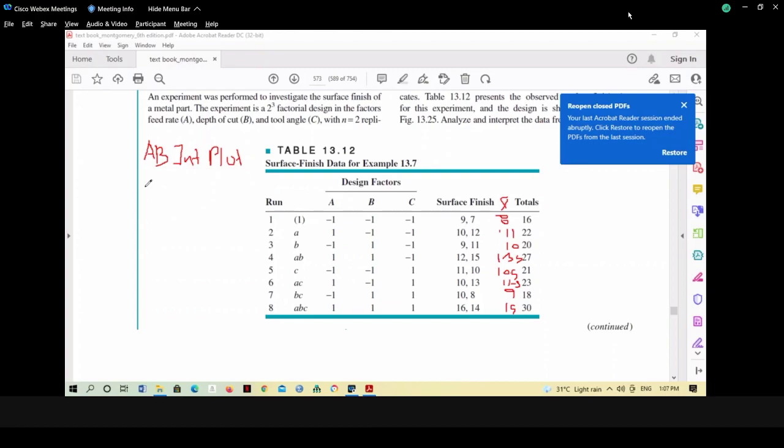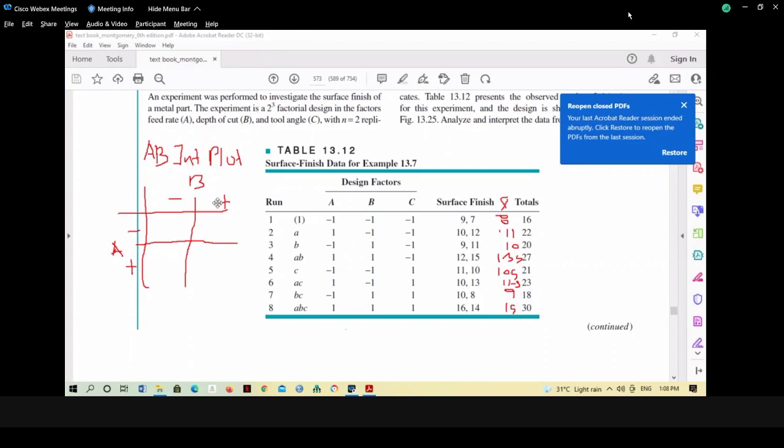You have factor A here, low level, high level, factor B. Similarly, low level, high level. This is for AB.